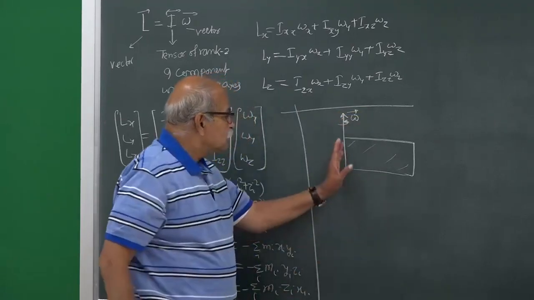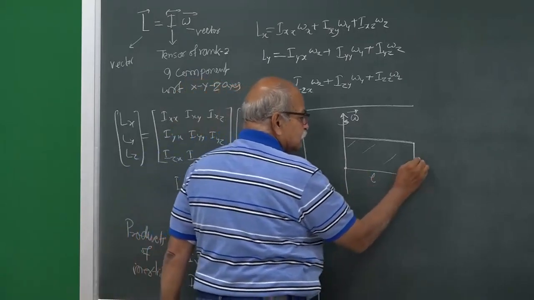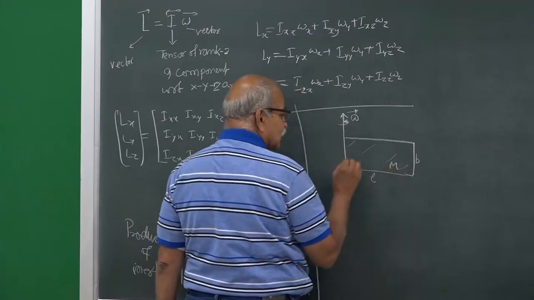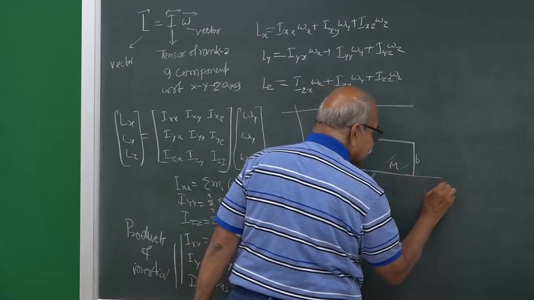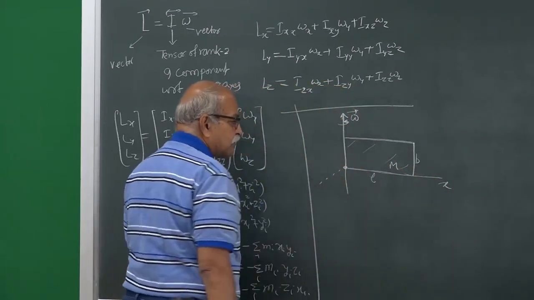This whole thing is rotating about this line, and length is L here, width is B, the total mass is capital M, and here is the origin, and I take this as the x axis, this as the y axis, and then z axis is perpendicular to the plane.